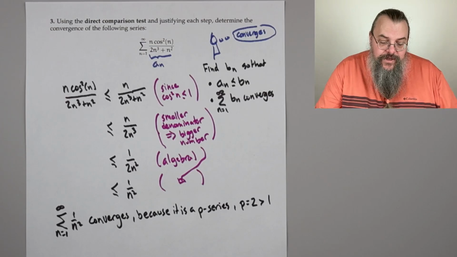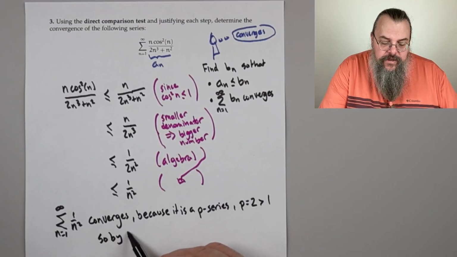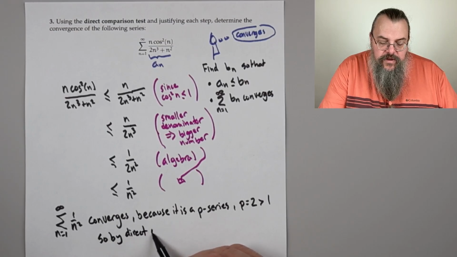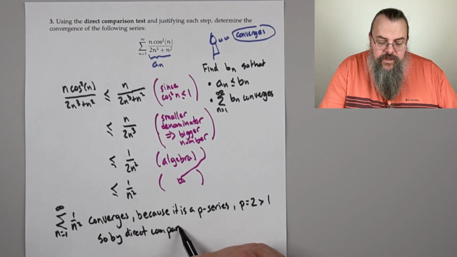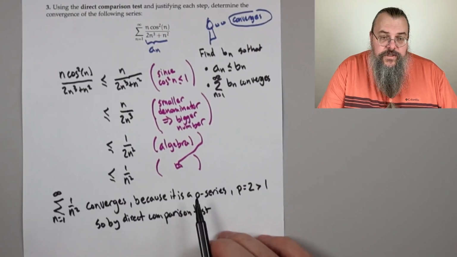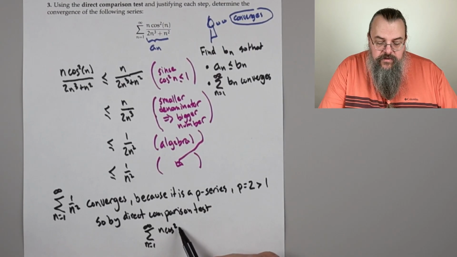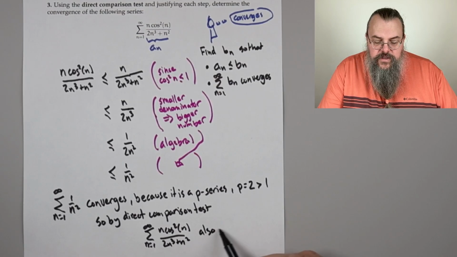And so now we can conclude, by the direct comparison test, because we've now done our bounding, life is good. Our original sum, n equals 1 to infinity, n cosine squared of n over 2n cubed plus n squared, also converges.